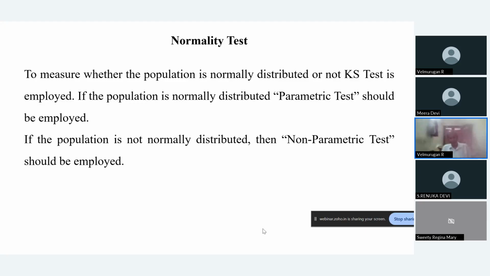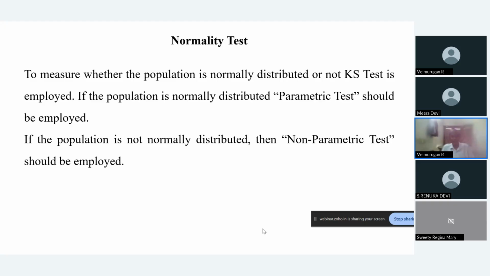Once again, I repeat, from the collected Likert scaling data, compute skewness, also compute kurtosis. The skewness value is divided by the kurtosis value, and if the result ranges between plus 1.96 and minus 1.96, you can say your population is normally distributed.